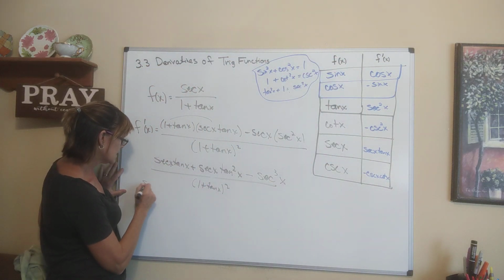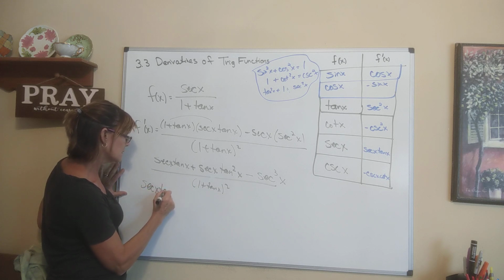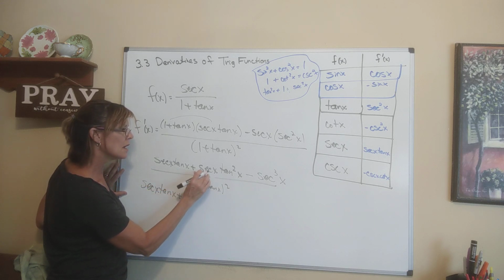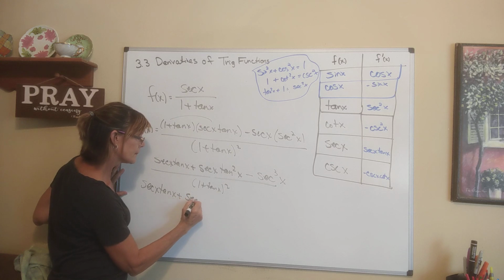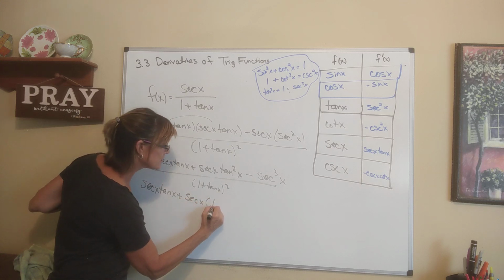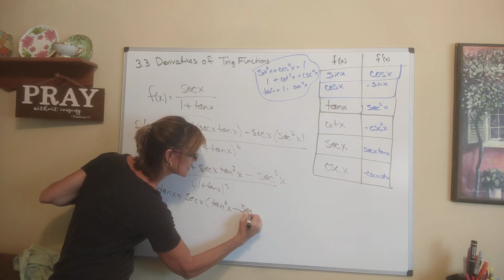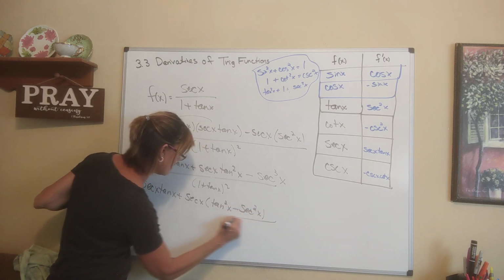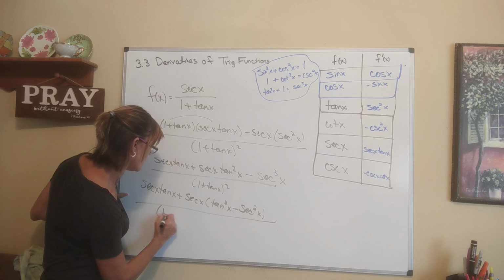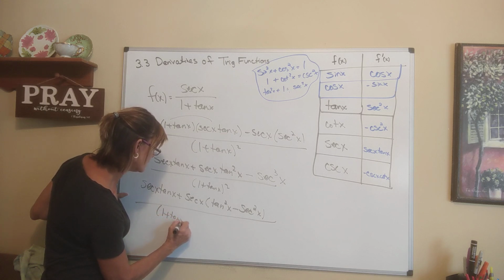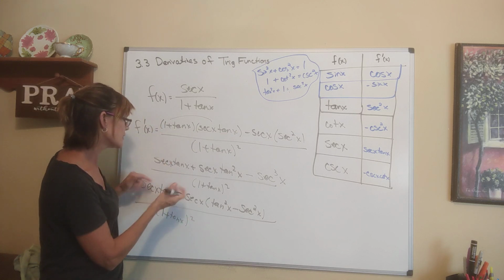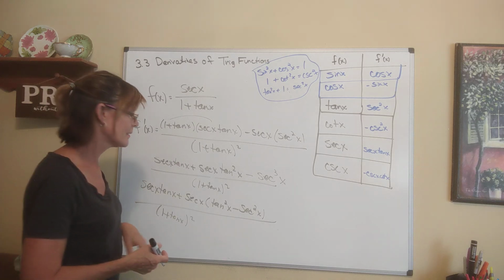So let's see. Secant of x, tangent of x, plus I'm going to factor out a secant, leaving me with tangent squared of x minus secant squared of x, all over 1 plus the tangent of x squared. So I found the derivative. Right now I'm just simplifying it.